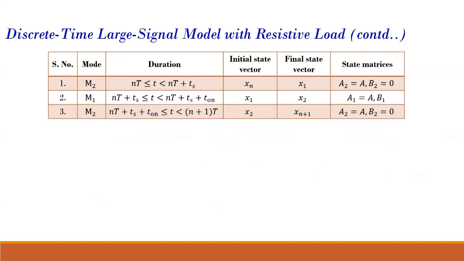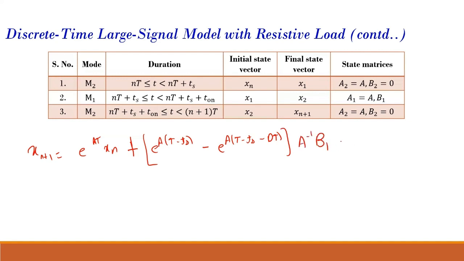And the final equation which I will get is given by x of n plus 1 is equal to e raised to A t into x of n plus e raised to A (t minus ts) minus e raised to A (t minus ts minus t_on) into A inverse B1 into vn. Okay, this is my final equation.